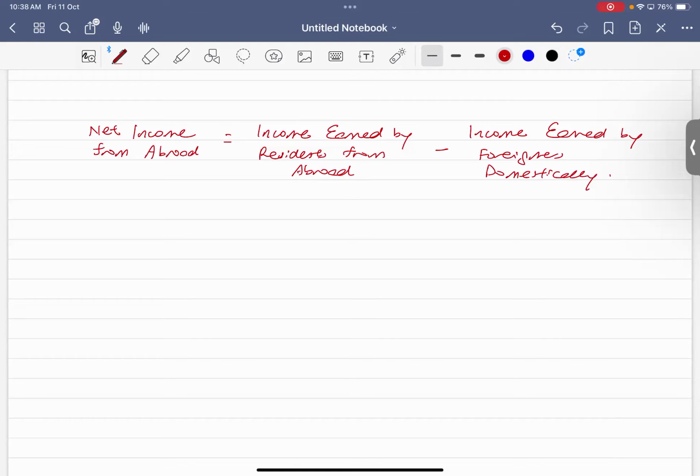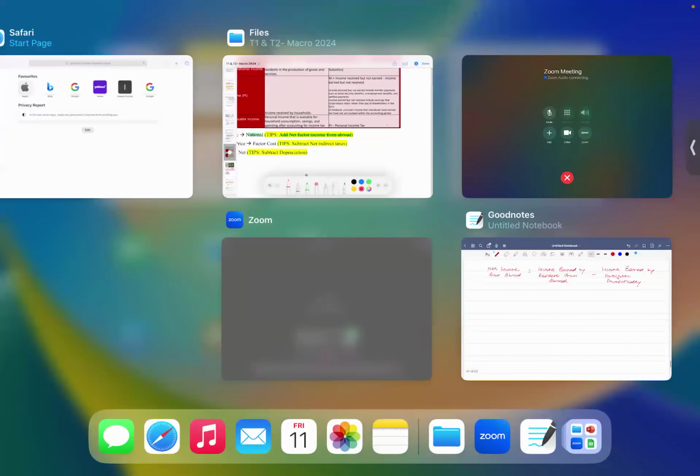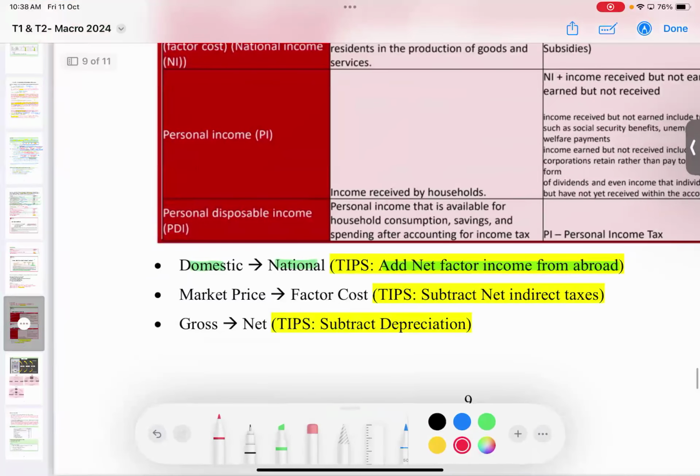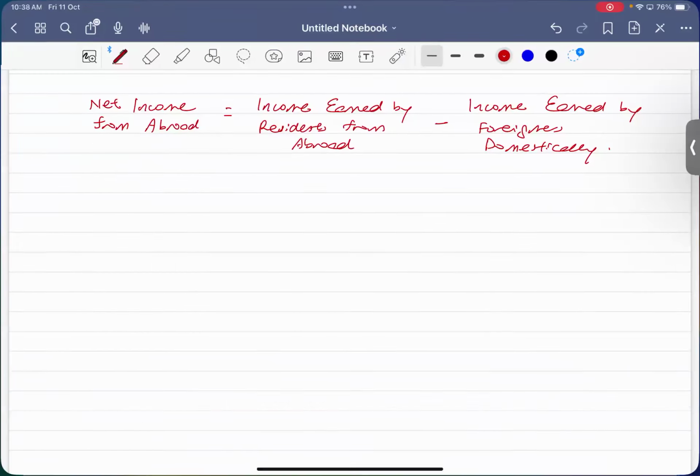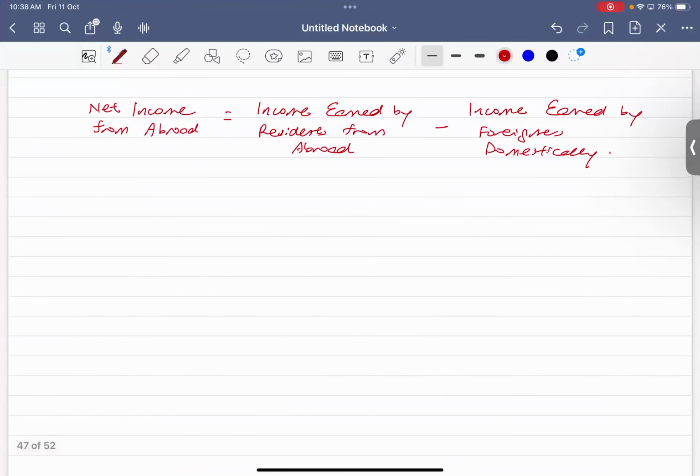So that is the formula for us to calculate the net income from abroad. When I want to convert from domestic to national, I need to add on this net factor income from abroad, and I get it using this formula.